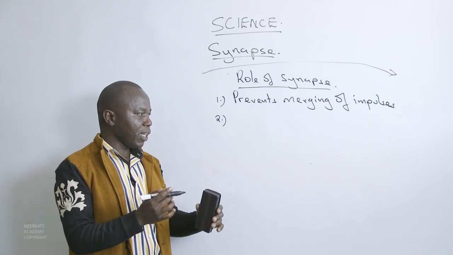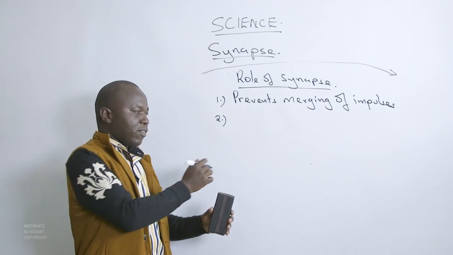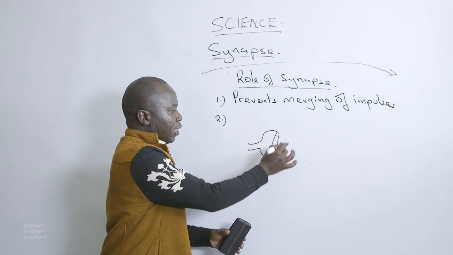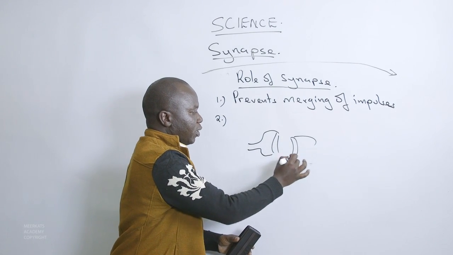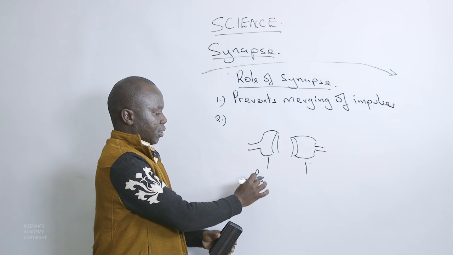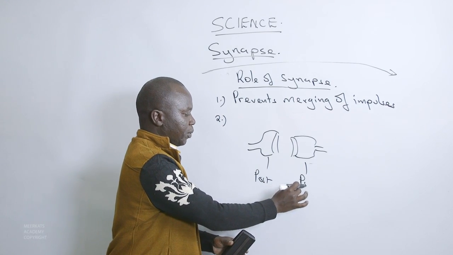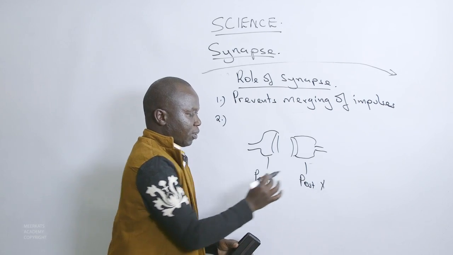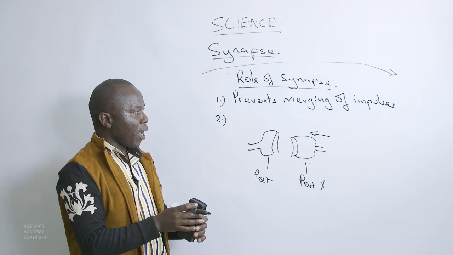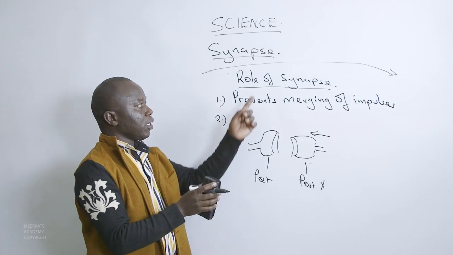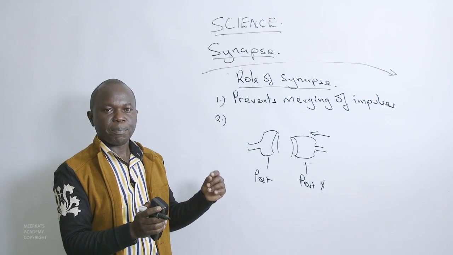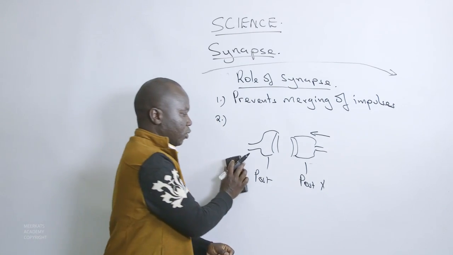We cannot have a postsynaptic knob at one point, and then again have this one also as postsynaptic. It cannot happen because impulse must always flow in one direction. So that's the role of synapse. It only allows flow of impulse in one direction.